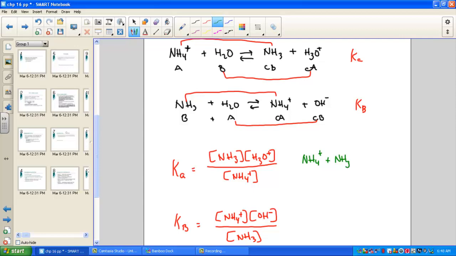So ammonium plus ammonia, and that's what I'll do for my equilibrium. We have NH3 on the right-hand side. We have hydronium, H3O+. We have ammonium, NH4+. And we have a hydroxide, OH-.